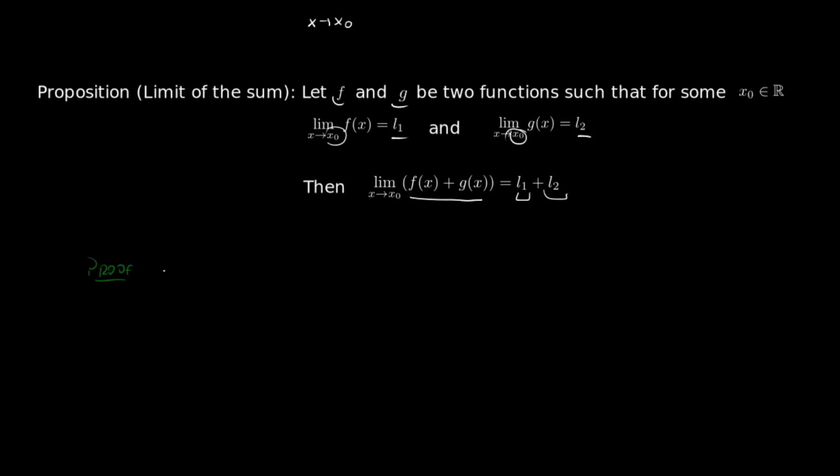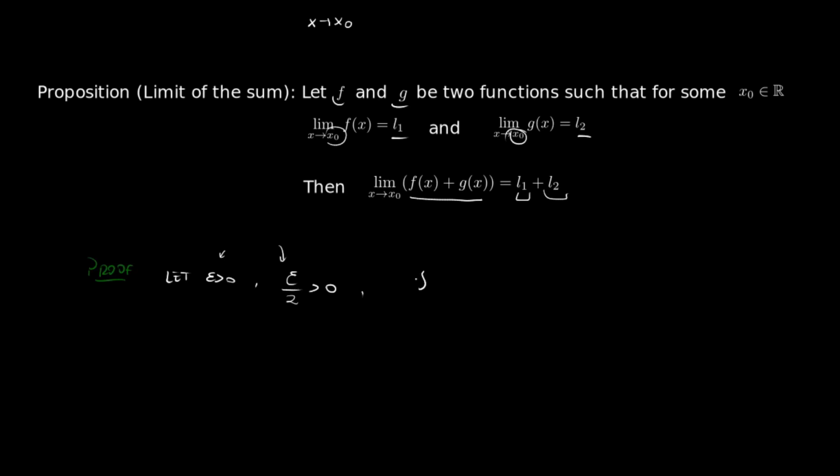So as always with limits, we start with: let epsilon be a number greater than 0. In this case, because we're going to have the sum of two things, we know we're going to have two things that are smaller than epsilon, and so to make the notation easier, we say, well, epsilon over 2 is greater than 0. And now we work with the definitions of limits for f and g, but instead of using epsilon, we're going to be using epsilon over 2.